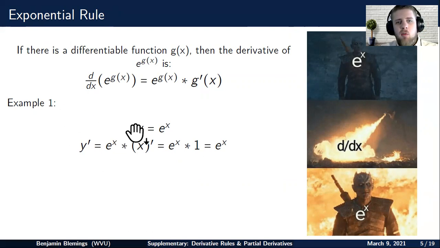If we have y equals e to the x, then y prime is e to the x again times x prime, the derivative of the exponent. And then we see that this is just e to the x times 1 equals e to the x.